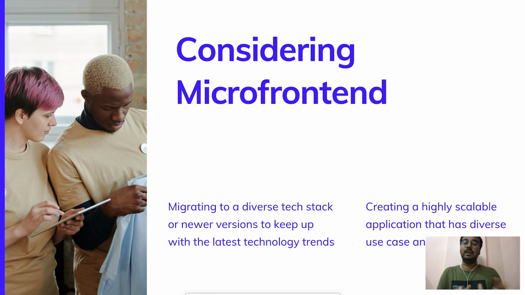So we can create separate micro frontends. Our micro frontend 1 and 2 would be using 10.1, but we can add 17 directly on our other micro frontends, and we can check and migrate all of them step by step without causing a huge issue. That is one of the use cases where we can consider micro frontend.